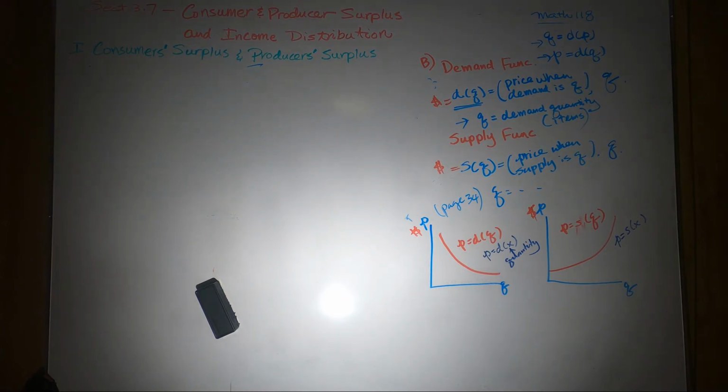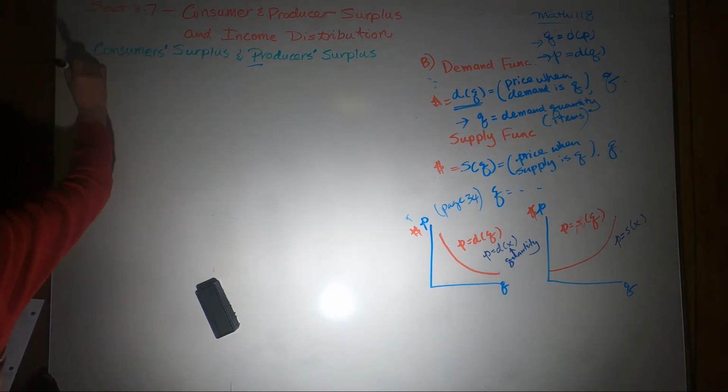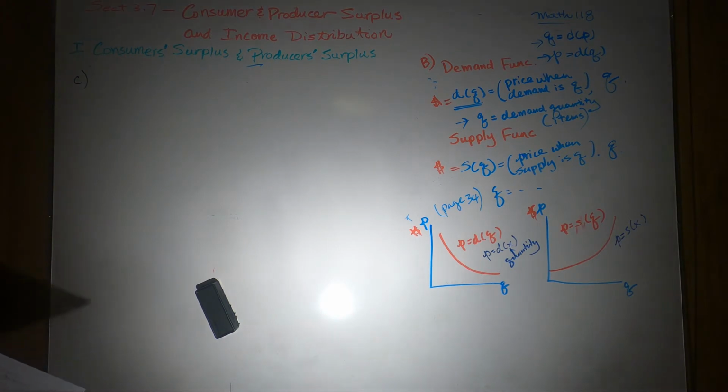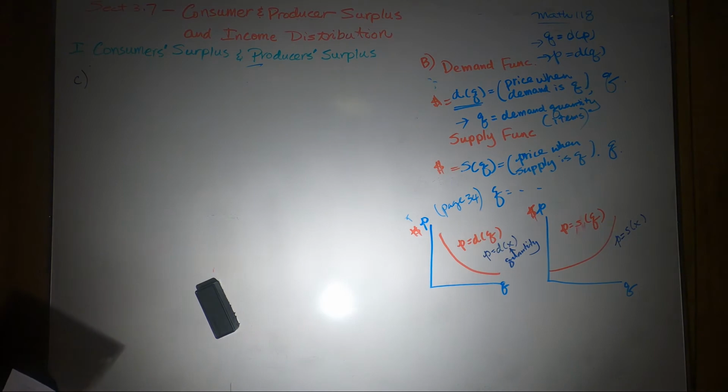Then we calculate what the surpluses are. Okay, so let's see your page 76, how we are going to calculate consumer surplus and producer surplus by those ideas as functions, as models.